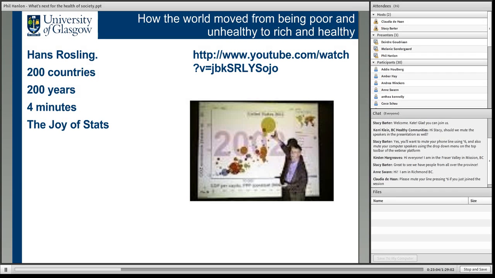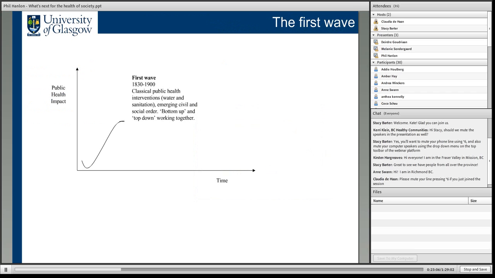In that analysis, I think we may learn something about public policy for improved health today. So if we go back to 1830, what was the first wave? One important thing, very relevant to our current circumstances, is that if you went back to 1830 in Glasgow or any European city, you would find no public health professionals. They hadn't been invented yet.